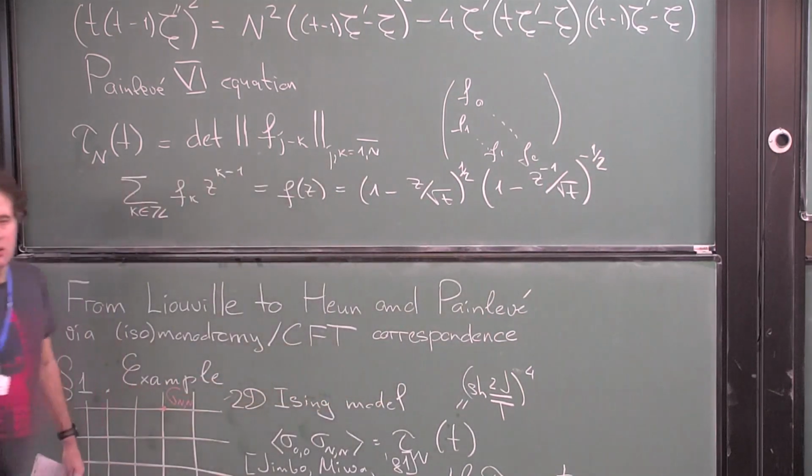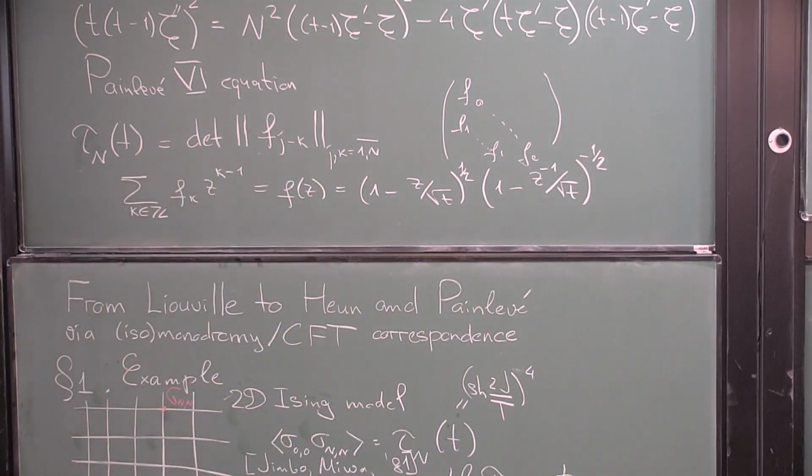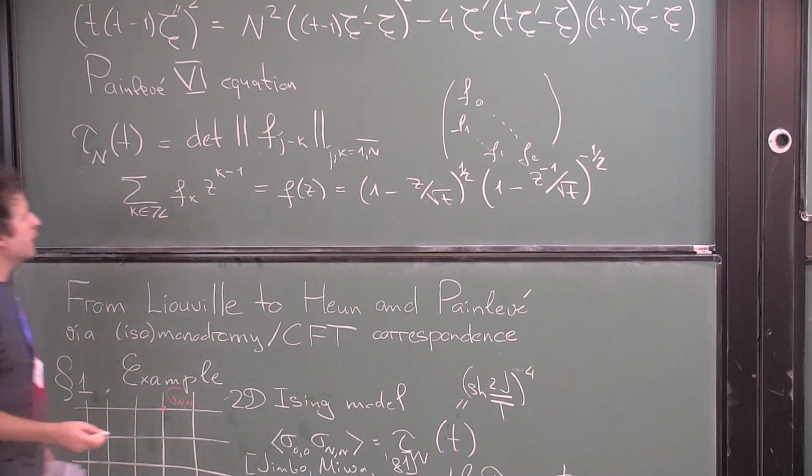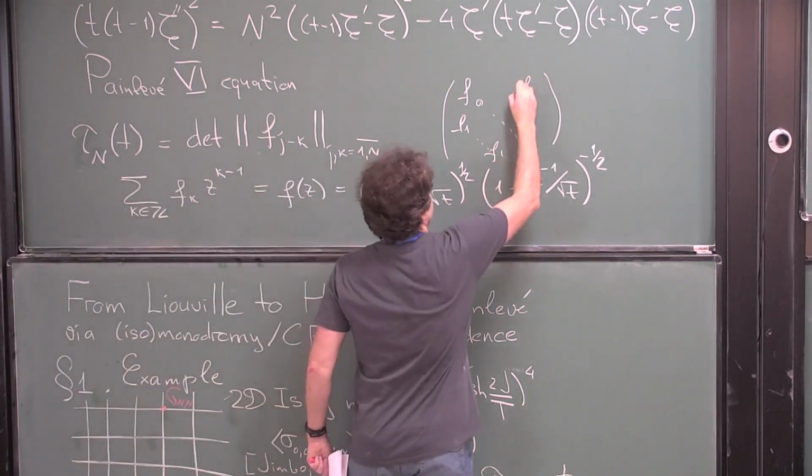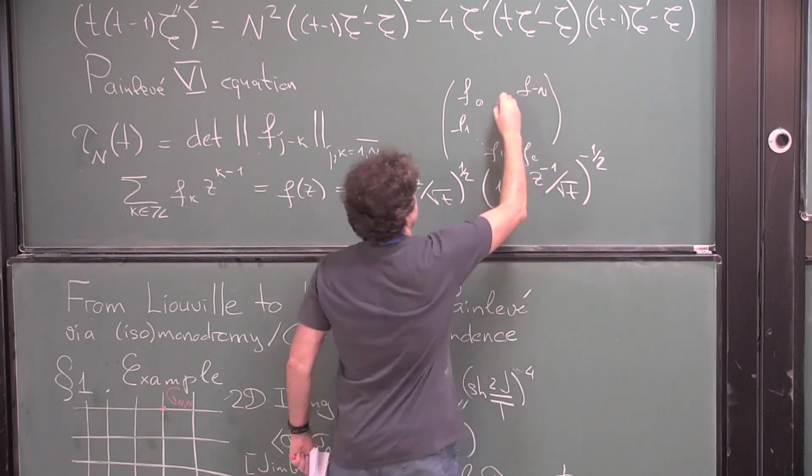Wait, so you don't have upper elements there? No, I have all of them. So I will have here f_{-n}.